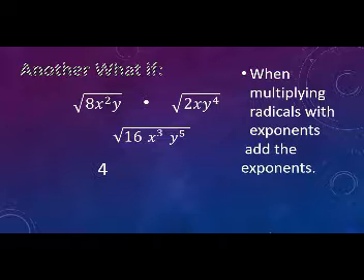So in this, we have x squared times x and y to the fourth power times y. If the exponent is an even number, then it is a perfect square. And if the exponent is an odd number, then it is not.